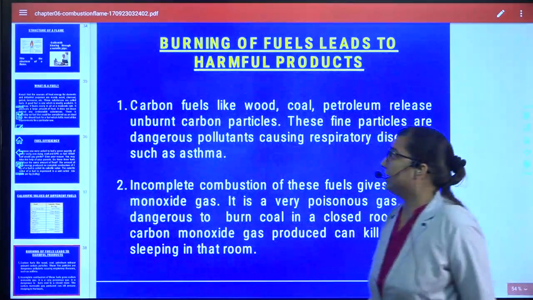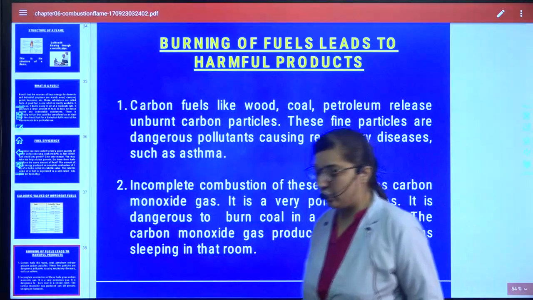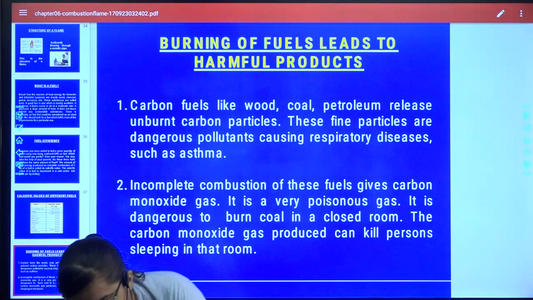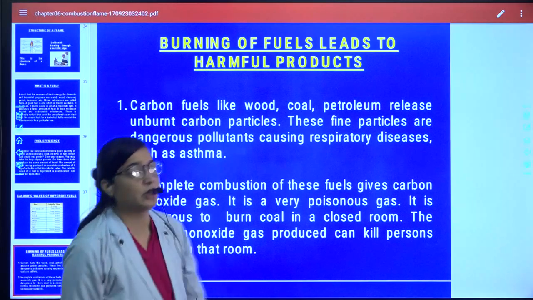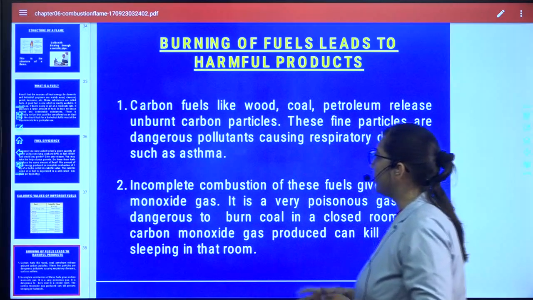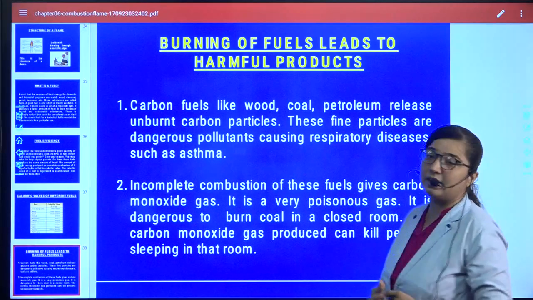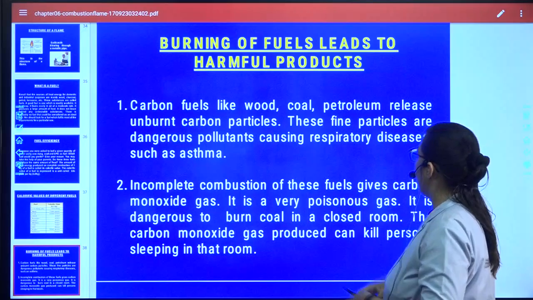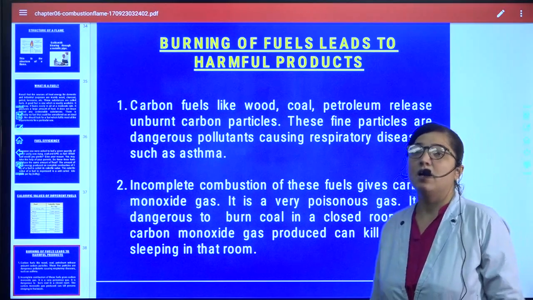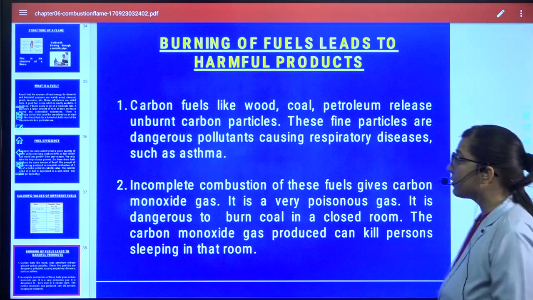Burning of fuels leads to harmful effects. So yes, you already know about the next particular topic, that is the problems that are occurring because of combustion, that is pollution and pollution related problems. Whenever we are burning carbon fuels like wood, coal, petroleum, they leave unburned carbon particles. These fine products are dangerous pollutants that cause diseases like asthma.